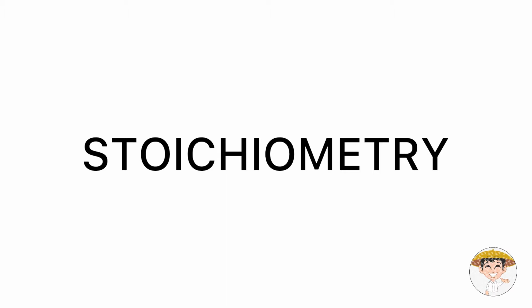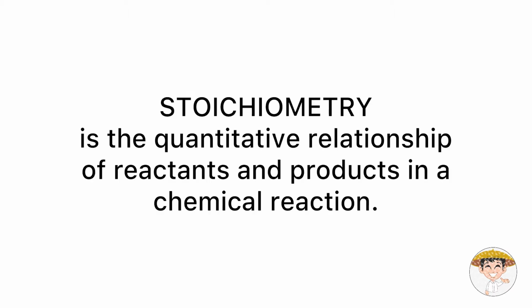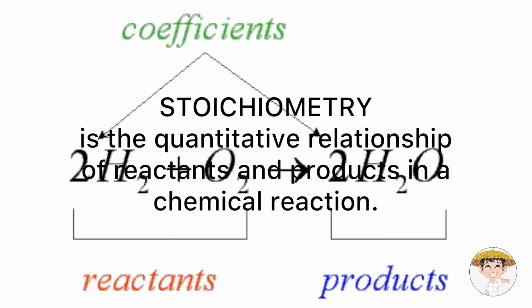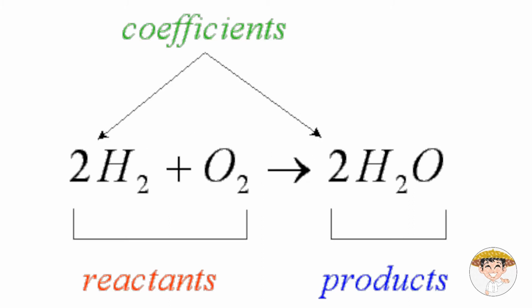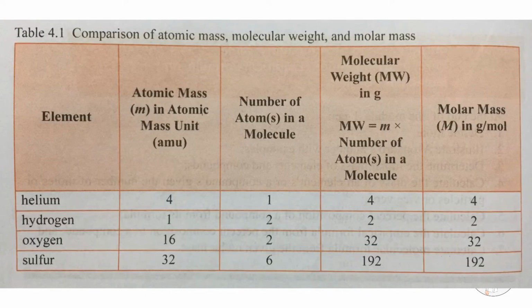Now, stoichiometry is the quantitative relationship of reactants and products in a chemical reaction. As we all know, a chemical reaction is composed of the reactants and the products. Now, based here on the table, the atomic mass refers to the mass of a single atom of an element. Okay? We can see that in the periodic table.